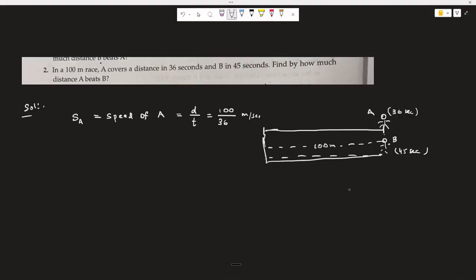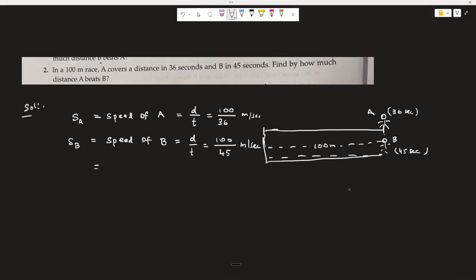Next, speed of B. Again D by T, where D stands for the distance covered by B. Same distance, 100 meters, and for B it took 45 seconds. So 100 by 45 meter per second. This is the speed of B.